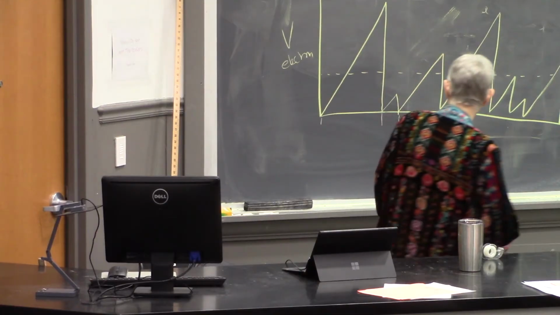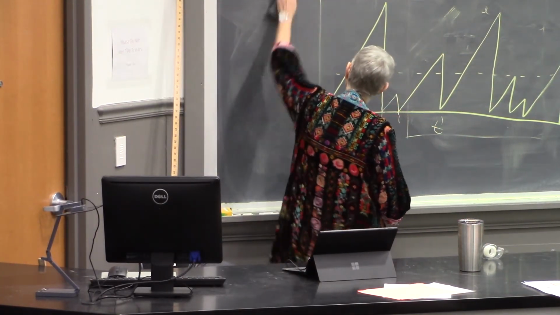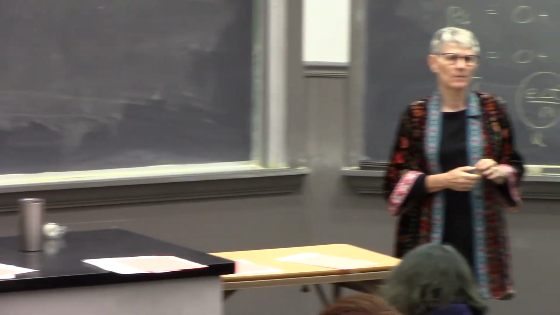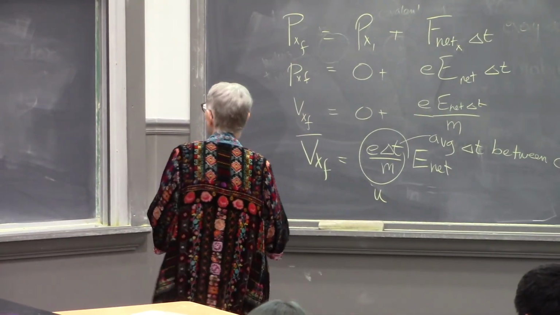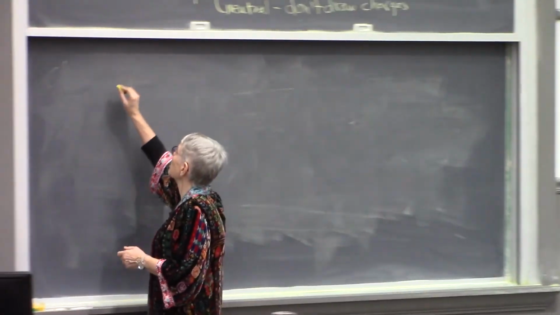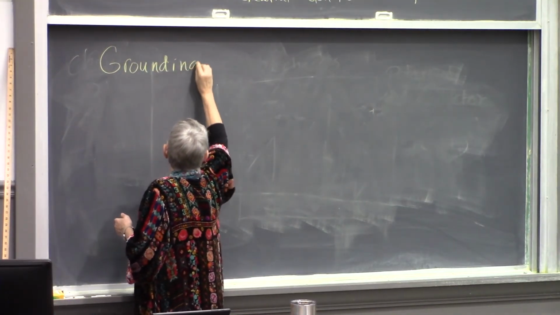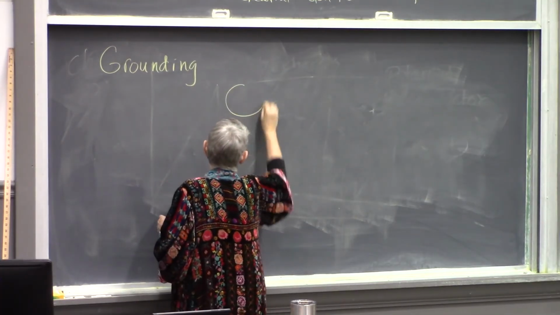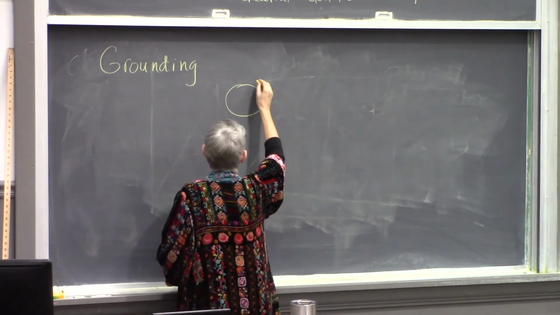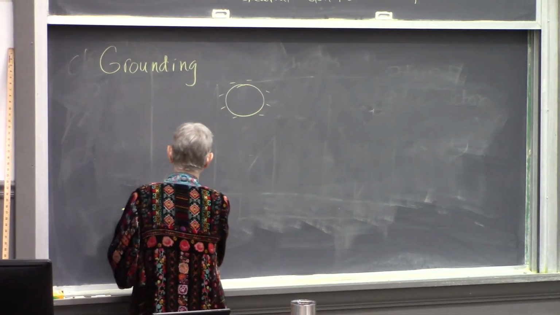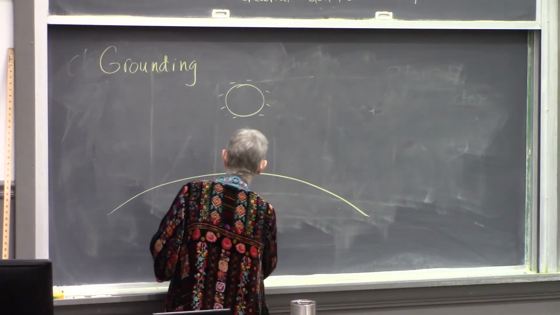So there's actually an interesting aspect of charging by contact. We talk about grounding something to neutralize it. So the idea of grounding a conductor is that if we had some object that had, let's say, excess negative charge, here's the Earth.